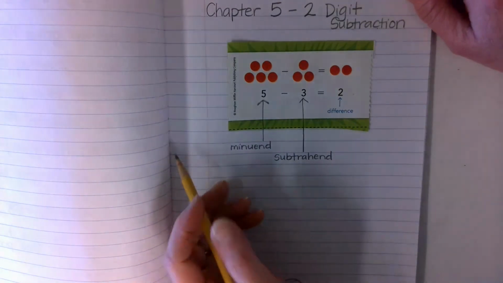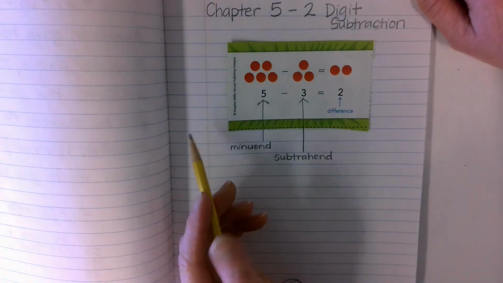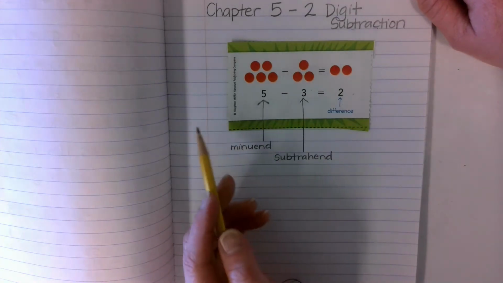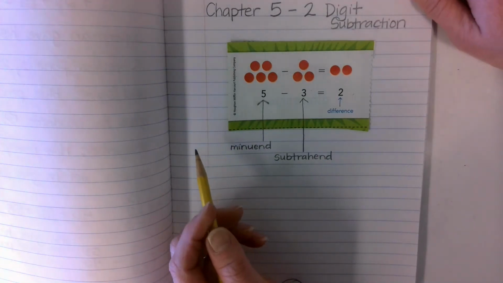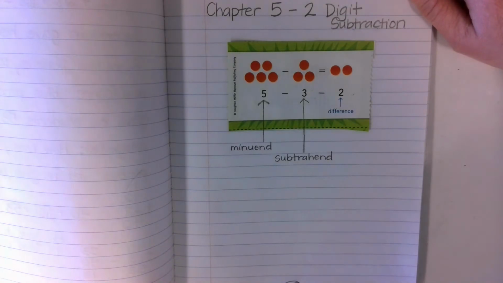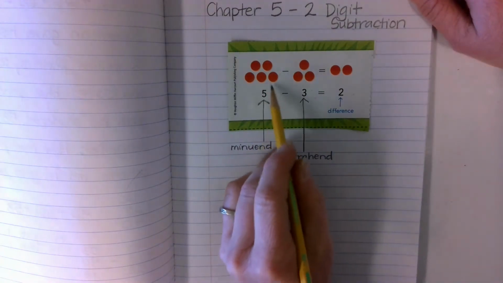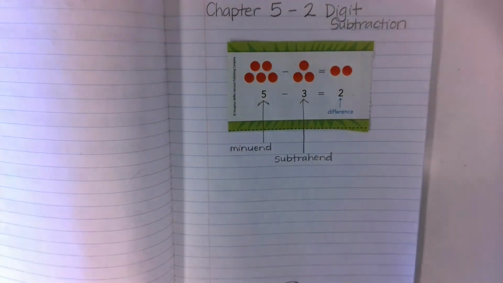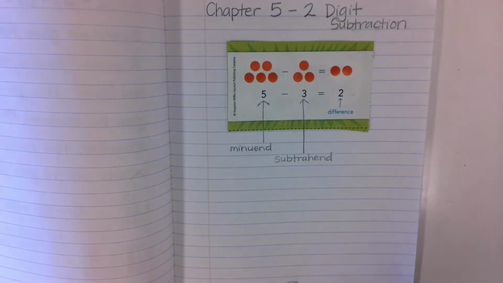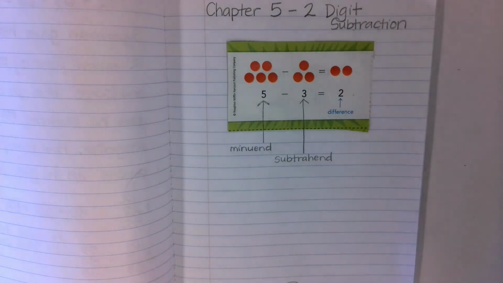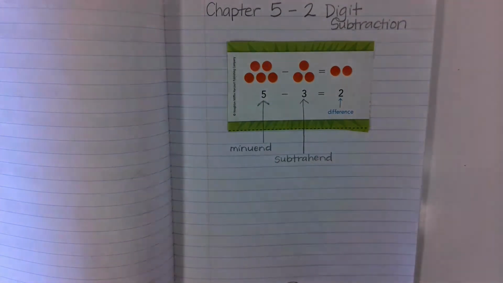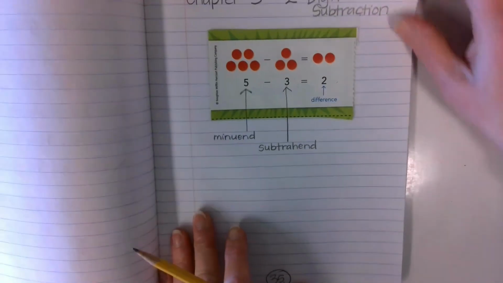So when we're talking about a fact family, 2 addition, 2 subtraction facts in the same family, remember that the minuend always is the what in addition? The sum, absolutely. Always the sum in addition.